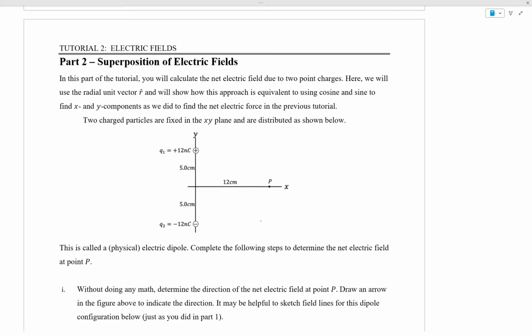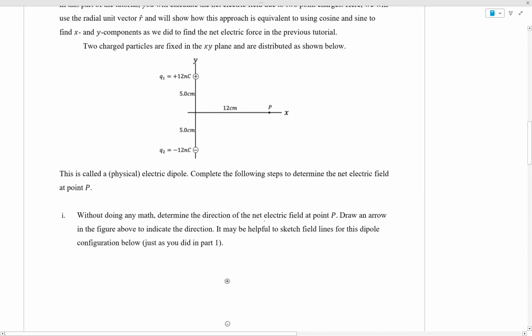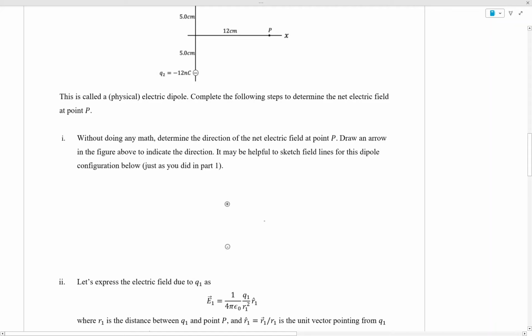The first thing that we want to do is, without doing any math, determine the direction of the electric field at that point. What we're going to do is sketch the electric field for the dipole, just like what we were doing in the first couple sections, and use that sketch to inform what the electric field is going to look like for our more quantitative exercise in a minute, where we actually add them together.